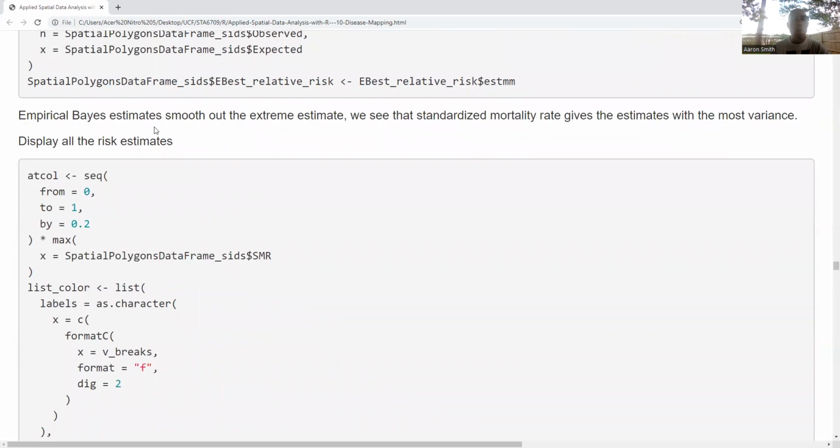So the empirical Bayes estimate smooths out extreme values. And so we'll see that, typically, we won't have nearly as many extreme values as we would with other methods. Things will be smoothed out towards the middle.